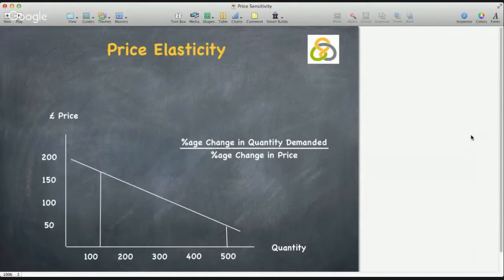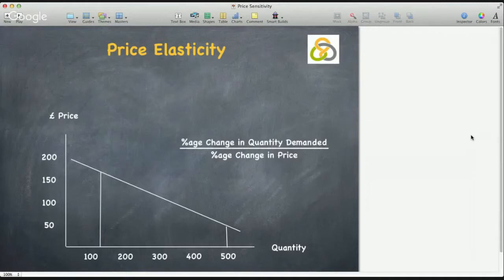And price elasticity shows exactly how responsive customer demand is for a product based on its price. We need to understand how sensitive to fluctuations in price, or how ambivalent, our target clients are. The formula for price elasticity of demand is percentage change in quantity demanded divided by the percentage change in price.